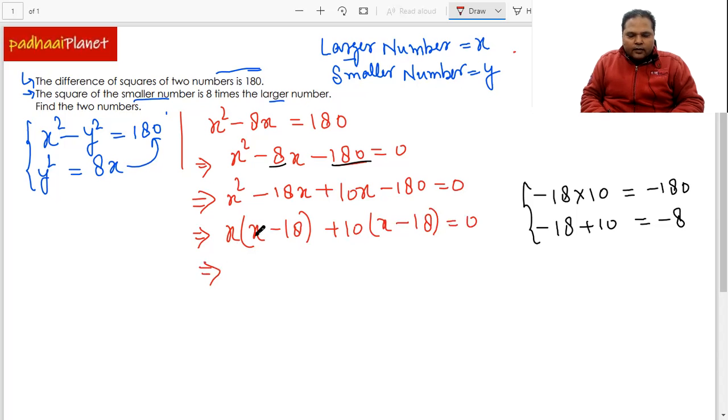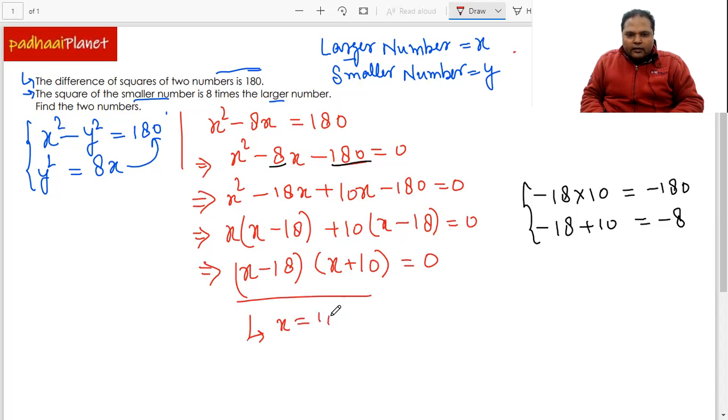And what we get is x minus 18 as common, and x plus 10, and that's equal to 0, right? Now with this it is clear, either x is equal to 18 or x is equal to minus 10.